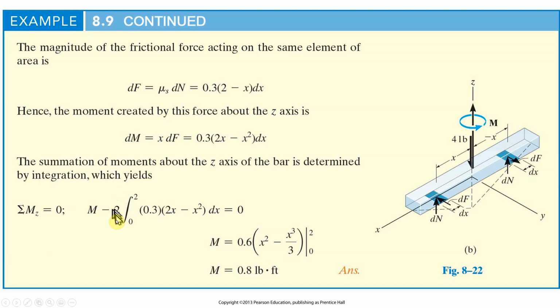We have to multiply this by 2 because we've got the moment coming out here, but you'll notice dF is in the opposite direction on either side of the bar, so we have to double this integral. Applied moment minus the resistance moment is going to be this. Straightforward algebra plus integration, and we finally get a result when you substitute x equals 2 of 0.8 foot-pounds.